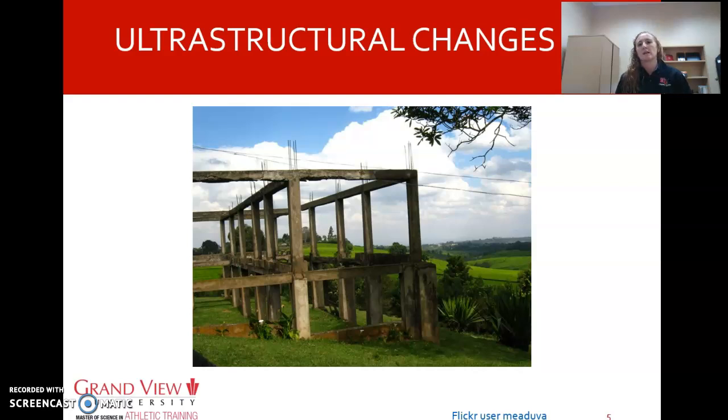So the body recognizes that there's some sort of change and sends out all these warning signals to start the inflammatory process. And again, a result of the primary injury, but we also have secondary injury, which I'm going to touch on later. But essentially, when we think about the cycle as a group, secondary injury also causes an ultrastructural change.